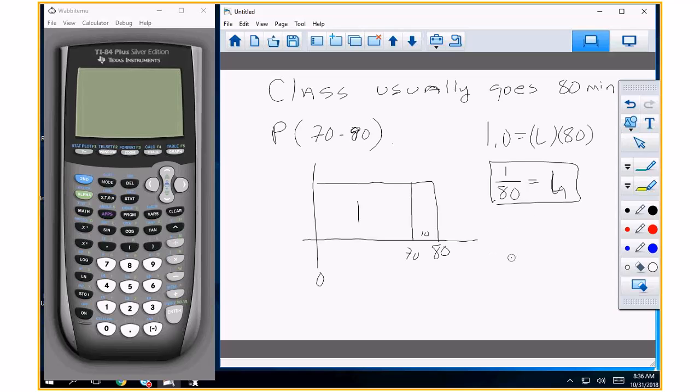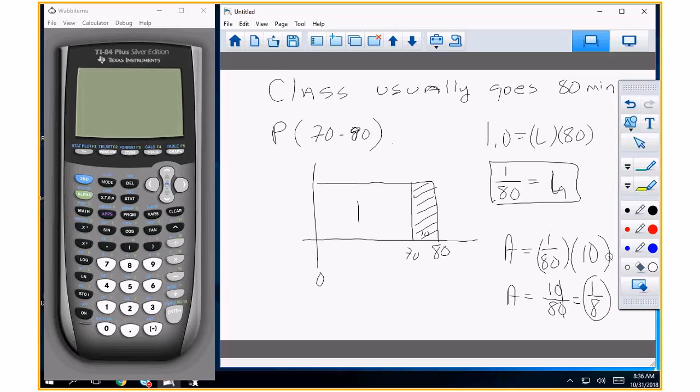And the 10, so the area is equal to 1/80 times what? 80, right? No, 10. Okay? And that's going to be area is equal to 10 over 80, which is equal to 1/8.